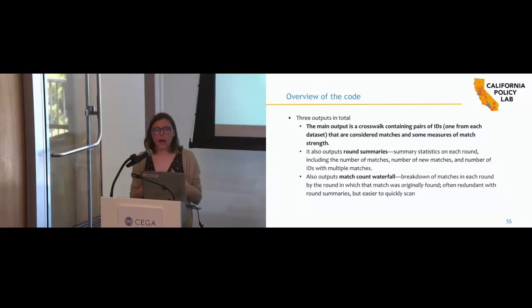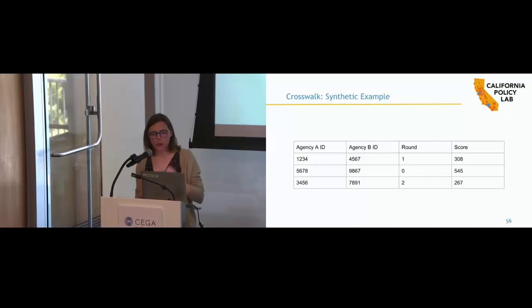And that's why you want to structure it going from the most strict to the least strict, so that you can see what the impact is, how many additional matches you're getting when you loosen up your criteria. So this is what the crosswalk will look like in practice.